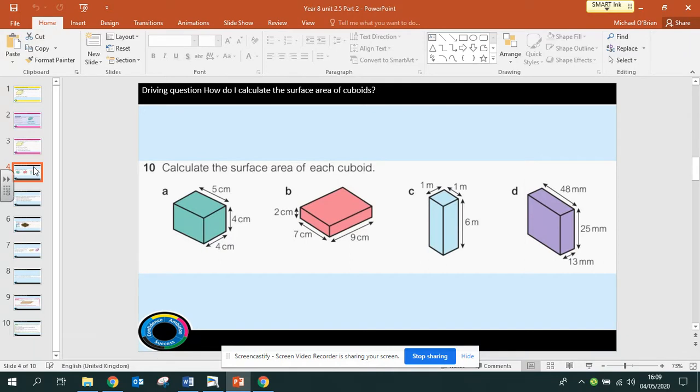But perhaps the easiest way of doing it is to look at each of the 3 different rectangles that make up that shape in turn and work out the surface area of each pair, just like I've just done in that example there. So use the way I did it to calculate your own. I'm going to stop the tape now. I'd like you to work out those 4 and then come back when you're finished and we'll go through the answers.